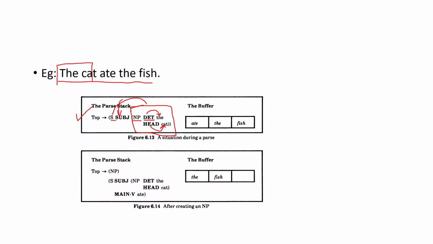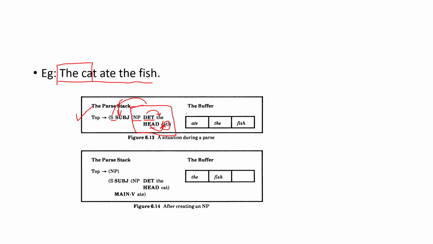So the subject of the sentence is a noun phrase, and the noun phrase consists of a determinant followed by a noun, which is the head of the noun phrase. Okay, head is the most important part of the noun phrase. So this is the state of the stack after "the cat" has been processed.